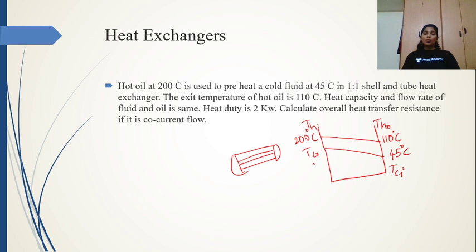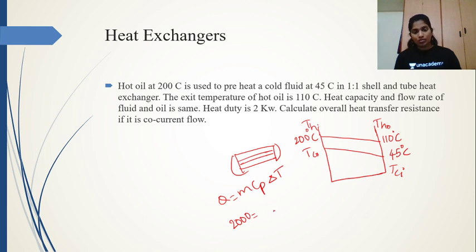As in the previous problem, we have to calculate the overall heat transfer resistance. Here we already have the heat duty, so Q is equal to MCP delta T. Let us consider that this is for the cold fluid. 2 kilowatts means it should be 2000, so 2000 is equal to Cp of fluid.